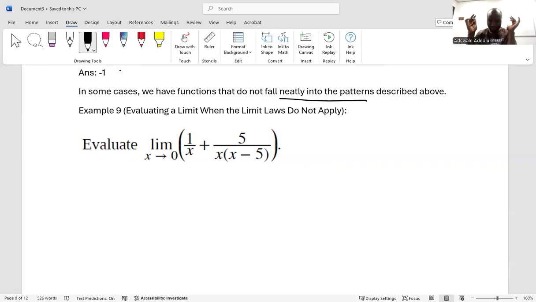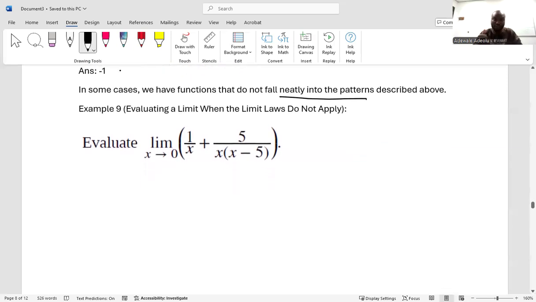Or let's say, in quotes, it is not a situation whereby we have 0/0 form. Let us put it in that form. It does not neatly fall into the pattern that we have been working on. So what do we do? Let us see.